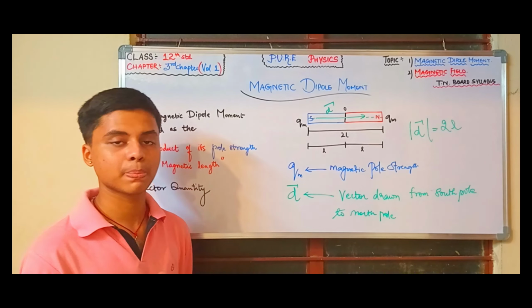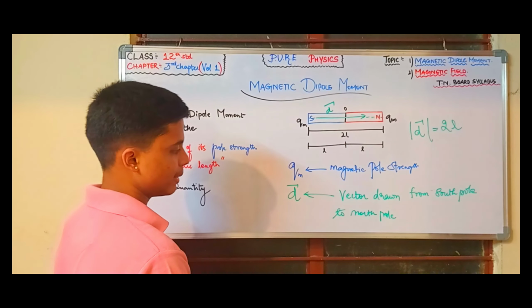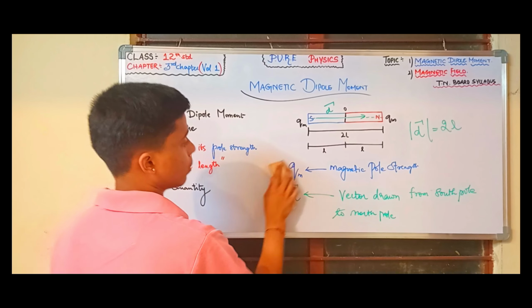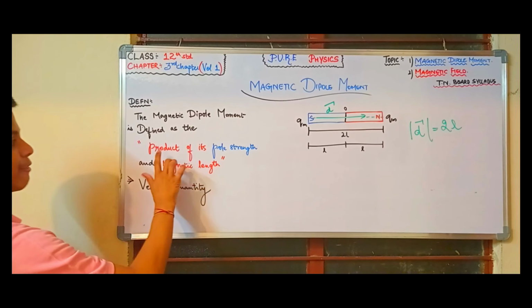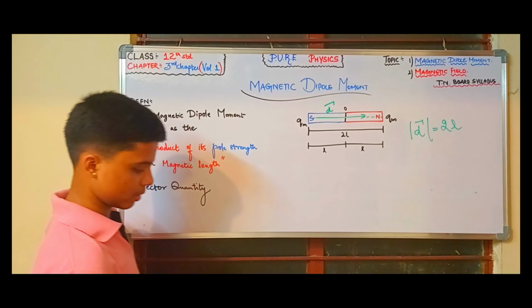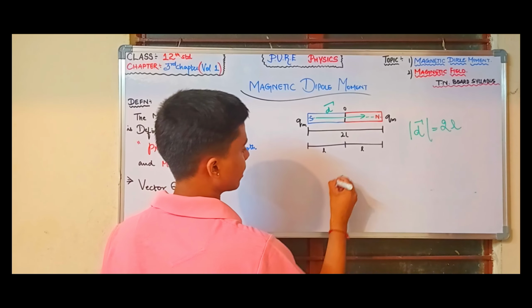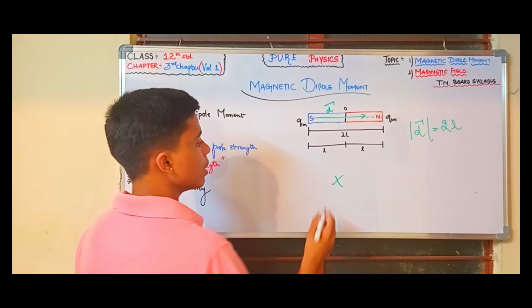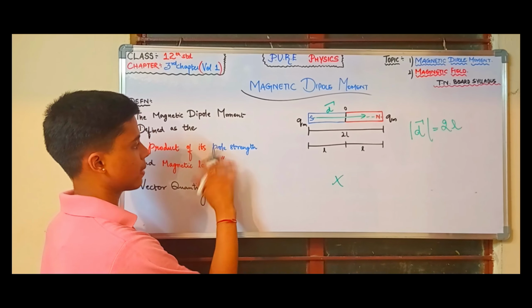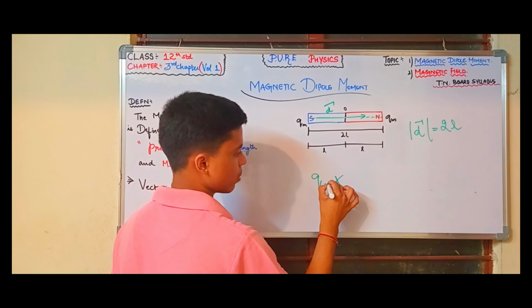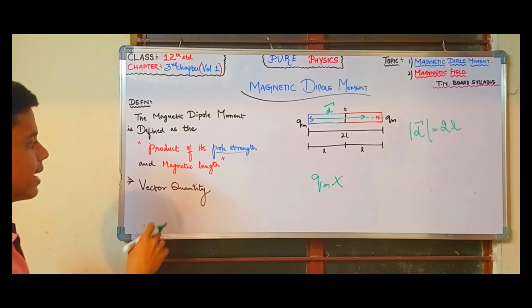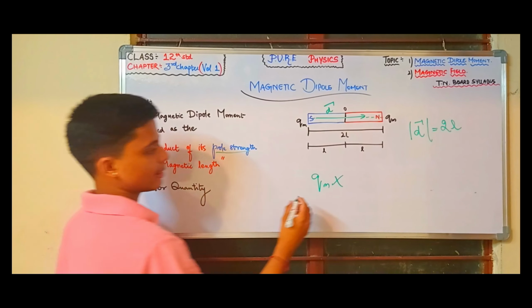So I can represent the equation. Now I need to express this magnetic dipole moment in terms of an expression. Using my definition, it is defined as the product of its pole strength, which is Qm, and the other side of the product is the magnetic length.